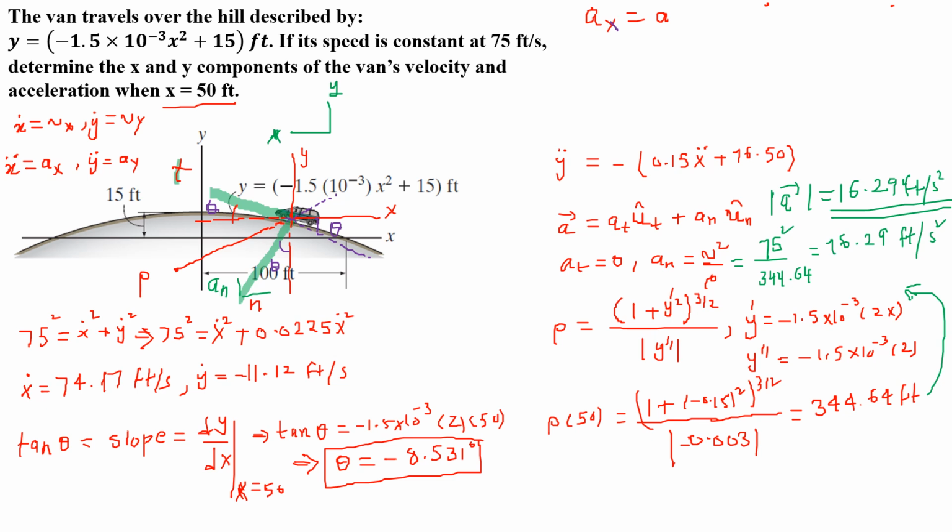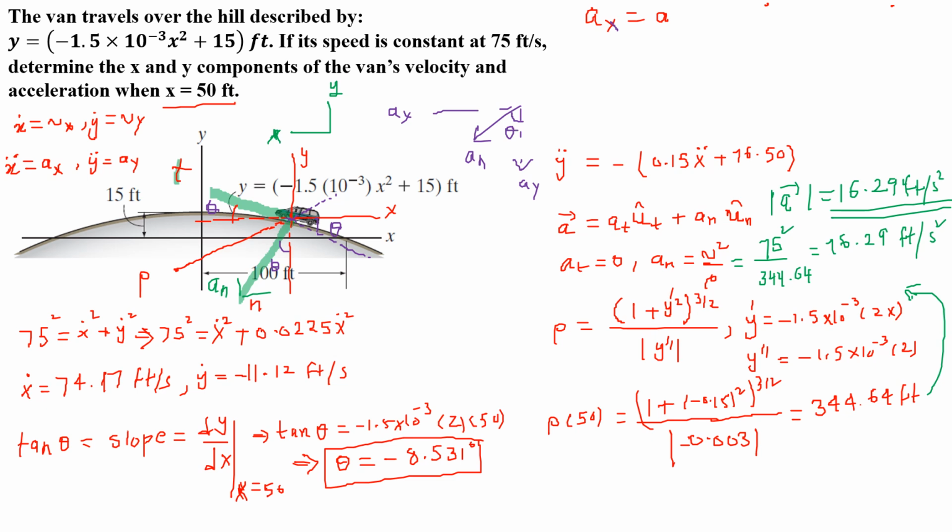So again, that's a_n, that's a_x, and that's a_y, and theta is the negative 8.531 we have found.